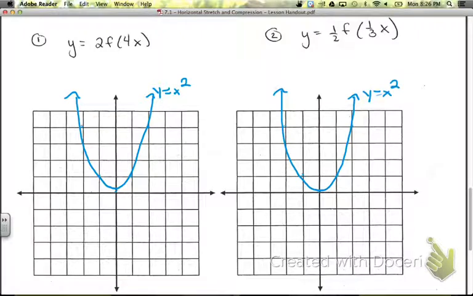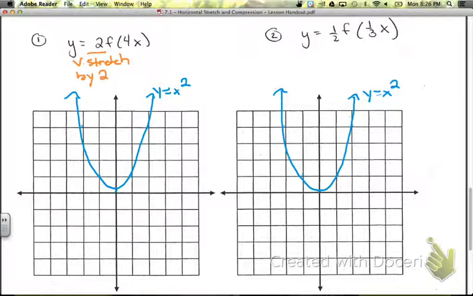So now we're going to look at the fact that we have y equals 2 times our f at 4x. So what is that 2 going to do? That 2 is going to be a vertical stretch by 2.